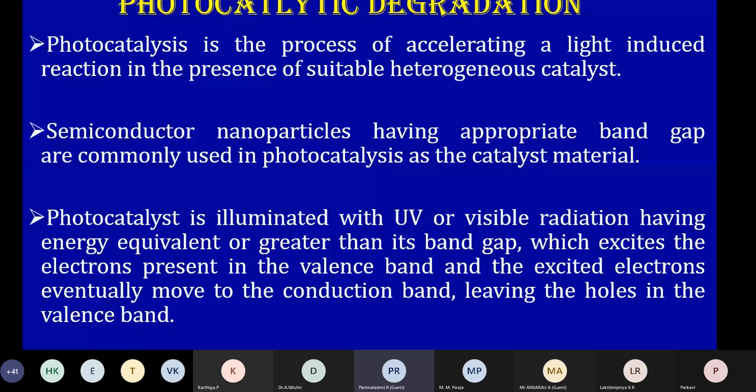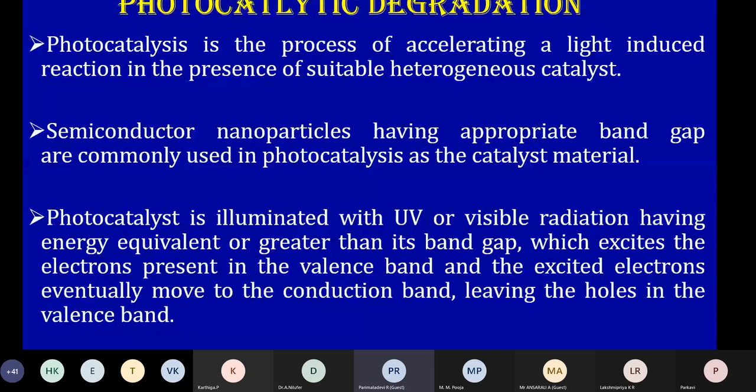That excited electron and hole can recombine and release the energy gained by excitation as heat. This leads to an inefficient photocatalyst. So our ultimate goal is a photocatalyst designed to facilitate a reaction between the excited electron and an oxidant to produce a reduced product, and or a reaction between a generated hole and reductants to produce an oxidation product.